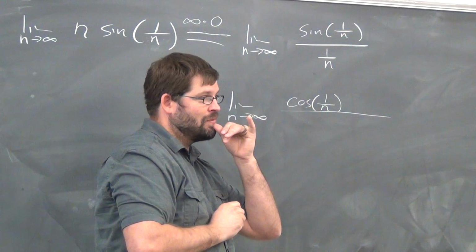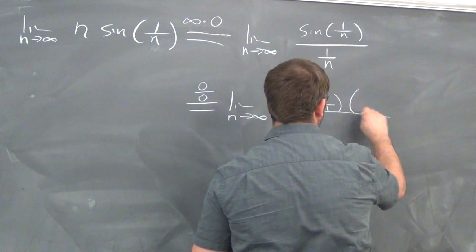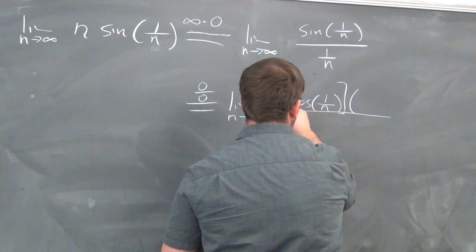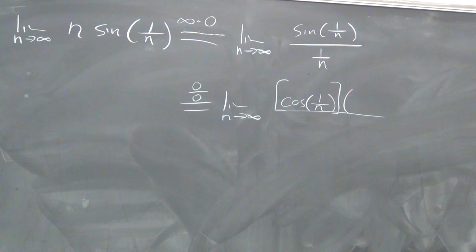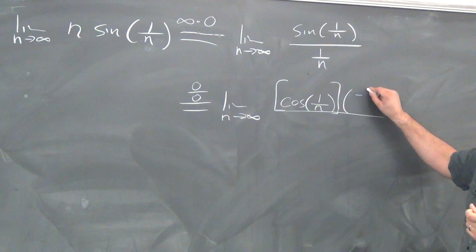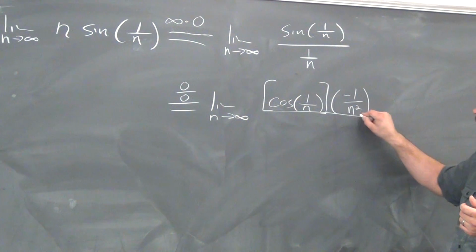Derivative of sine is cosine, so you get cosine of 1 over n, and then you have to kick out the derivative of 1 over n by the chain rule, right? So the derivative of 1 over n is negative 1 over n squared.